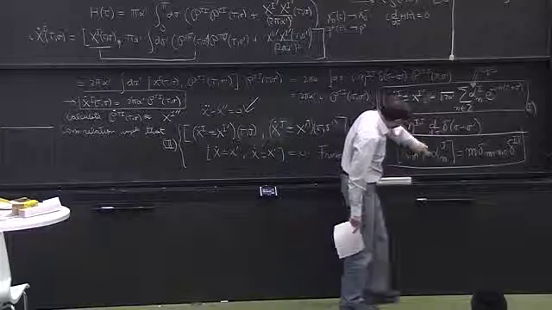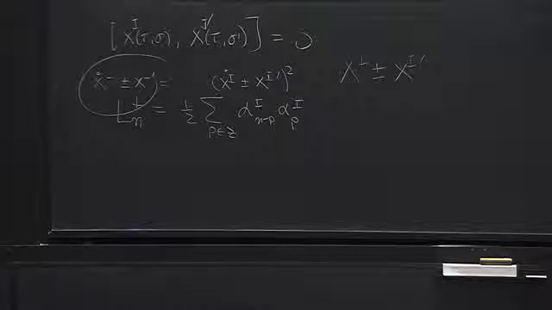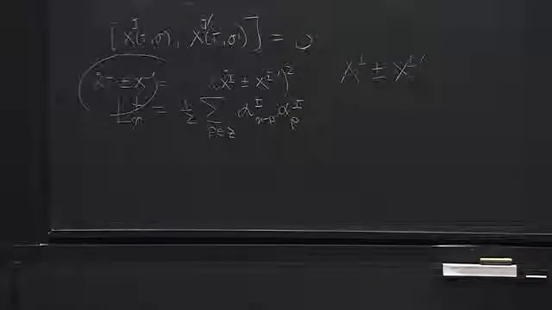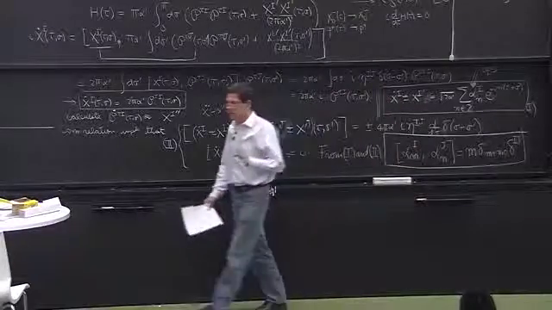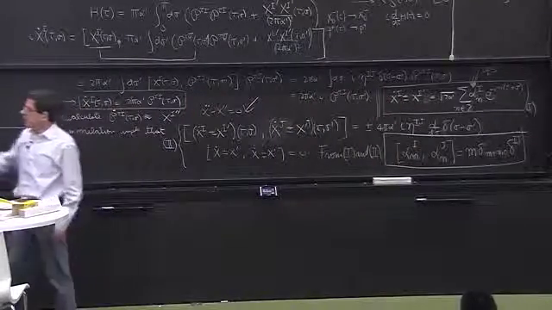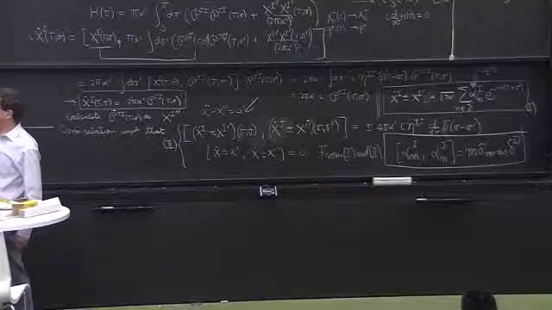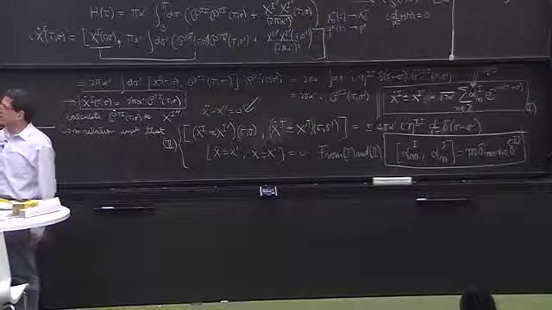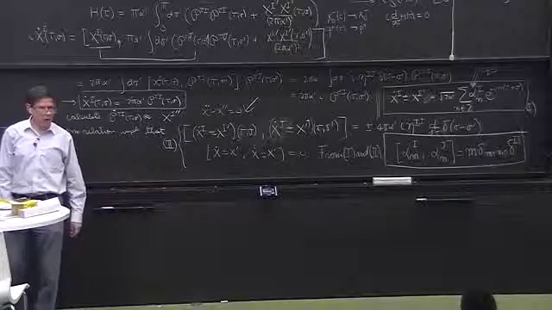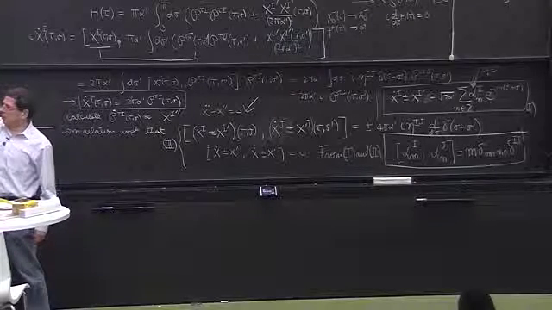There's a label m, a label n, i, and j. So look what has happened. If you had a simple harmonic oscillator, you'll have an A and an A dagger. That's it. Here we have lots of them. Well, we'll call them alphas, but soon A's.